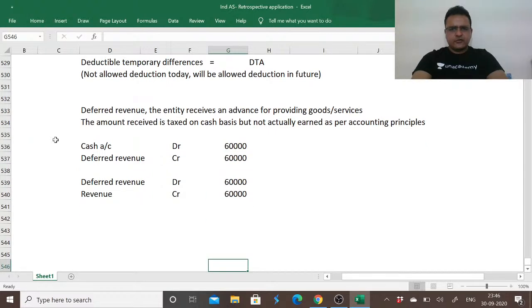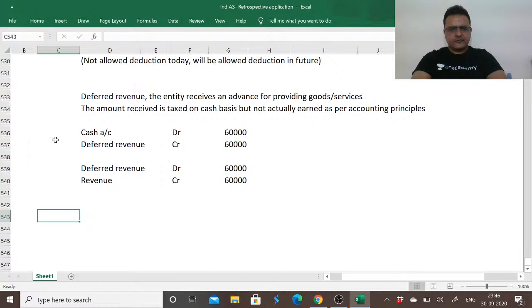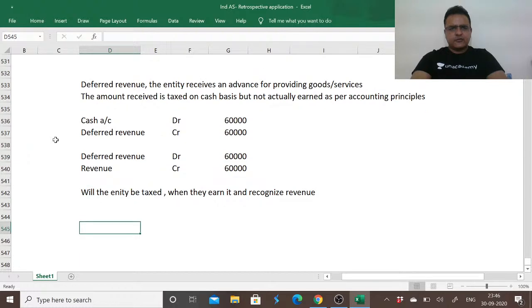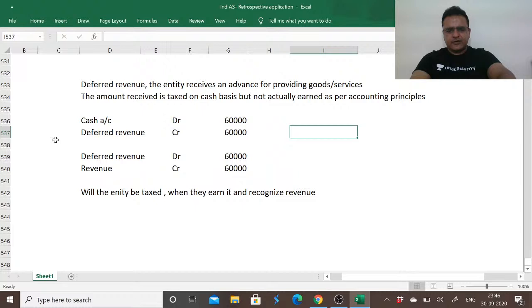So the question arises, will the entity be taxed when they receive it? So what is the expectation? And this is presented as part of the liability. This is kind of a liability since you have not earned it. This is presented as part of liability.